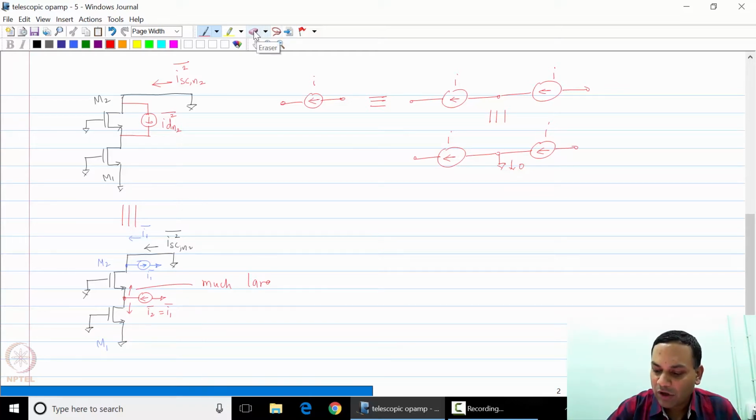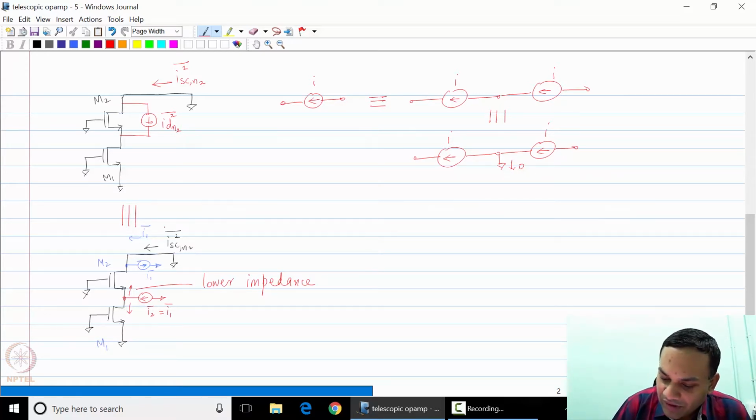The impedance is much smaller, so I'll just point out that this is a low impedance. Therefore, as seen in red, I2 flows in this direction.